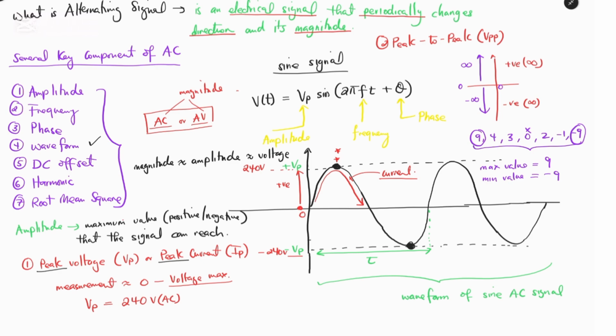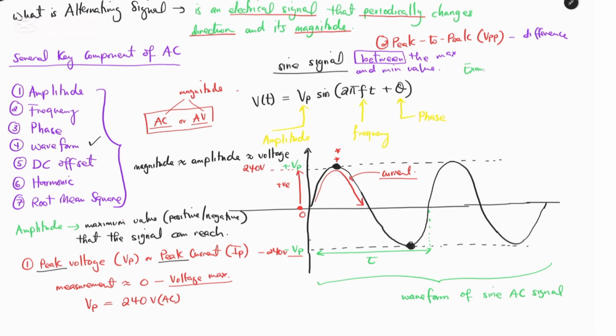Therefore, the peak-to-peak is defined as the difference between the max and the min value. When you see the term difference, it is the difference with respect to the negative sign.